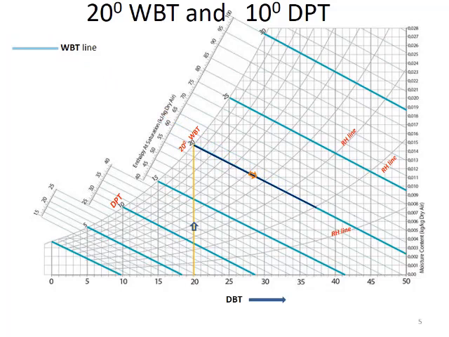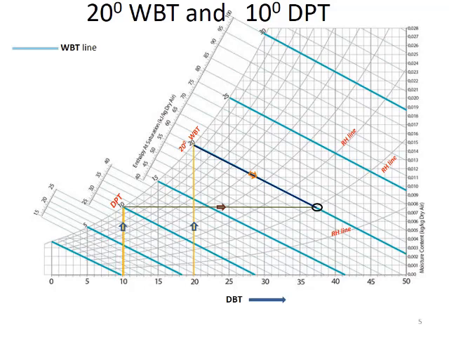Then I have to mark 10 degree DPT. That means once again I have to locate 10 degree on the DBT scale, right? DBT axis, then go up till it intersects saturation line. Now this is DPT point because you are going horizontally to the right. So if you go horizontally to the right, that horizontal line is the constant DPT line.